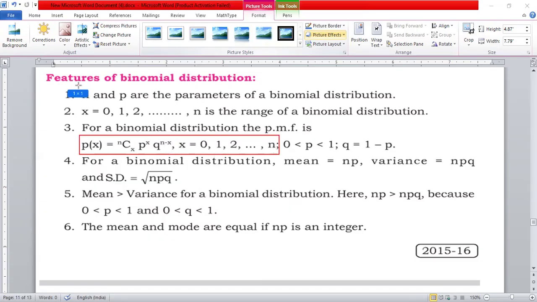After that, what are the parameters of the binomial distribution? N and P. Many people have written NP, so you don't get marked. You have to write N and P.